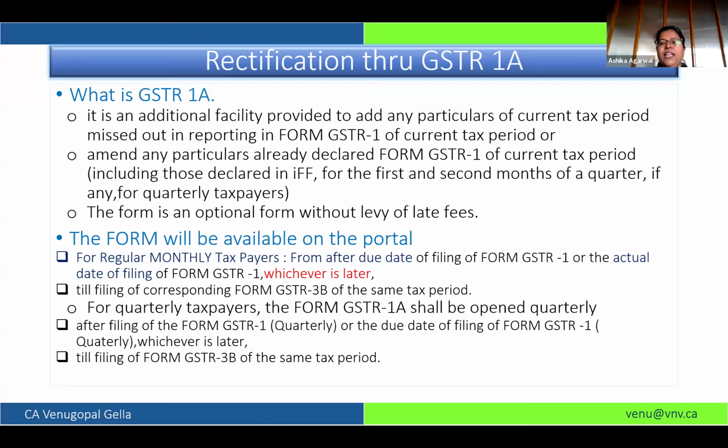So if we are filing for the month of October and through 1A you do any correction, that data will get auto-populated in GSTR 2B of November, not in October. So this is one small drawback: though the 1A tax liability is updated on a real-time basis, the ITC credit is getting postponed by another month. That needs to be kept in mind.